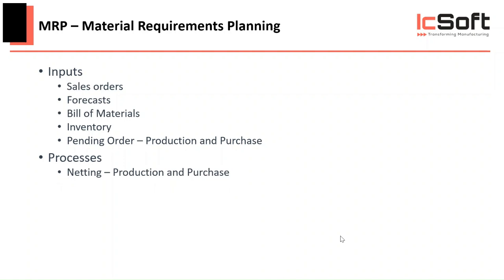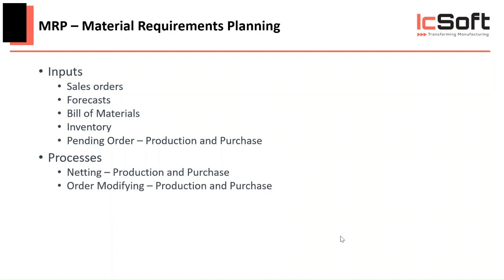Then it does what we call as netting. Netting in simple terms is deducting what is already existing, both stocks as well as open orders. So once we deduct those from the demand, we get the net requirements.